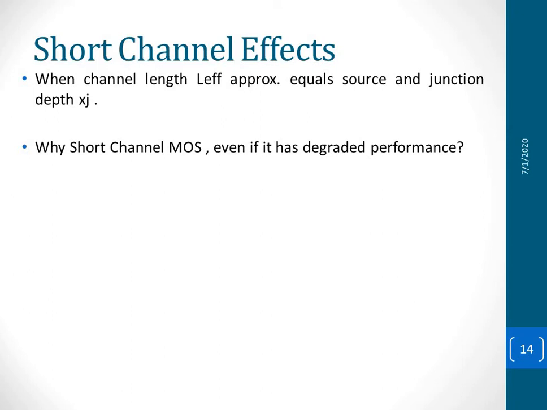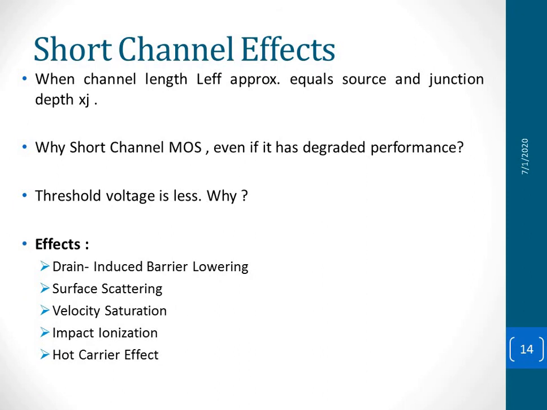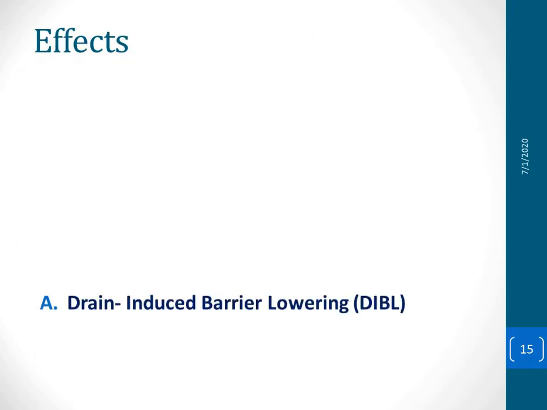Why short channel MOS even if it has degraded performance? Why do we call it short channel MOS? Because the threshold voltage is less. The effects are drain induced barrier lowering, surface scattering, velocity saturation, impact ionization, and hot carrier effect. What are these? We will see in detail.